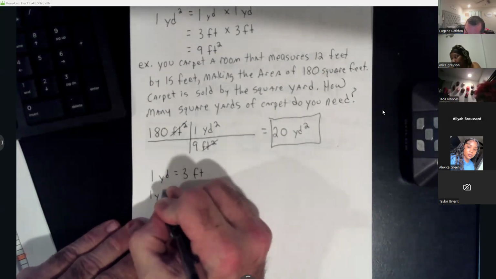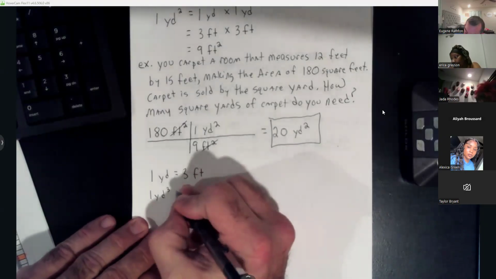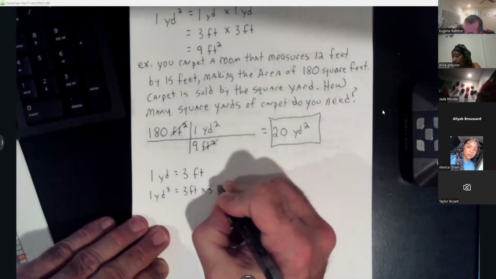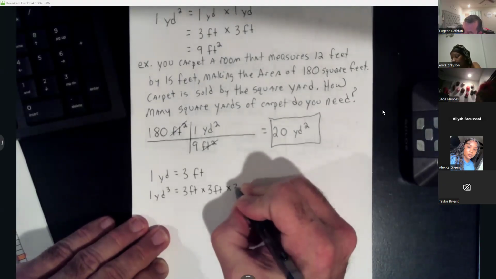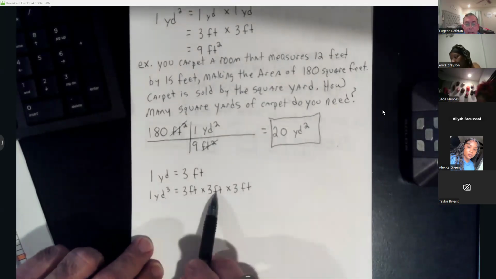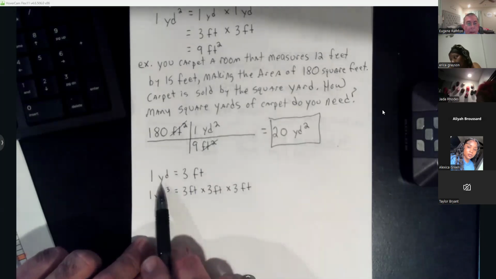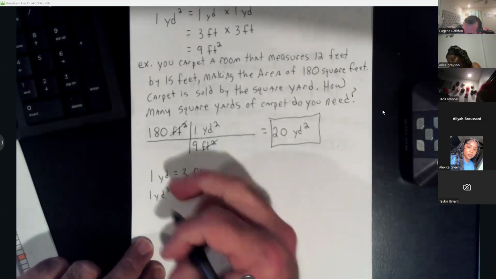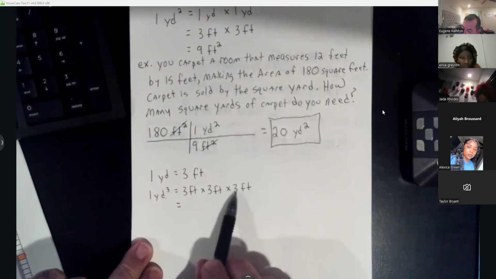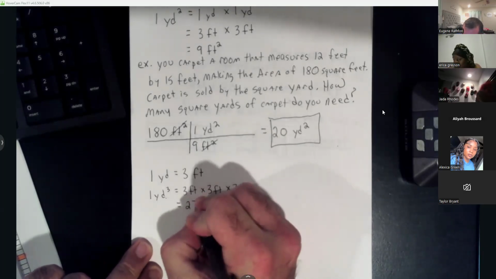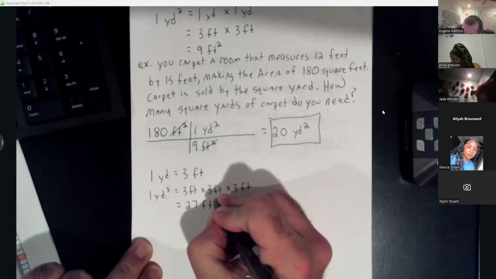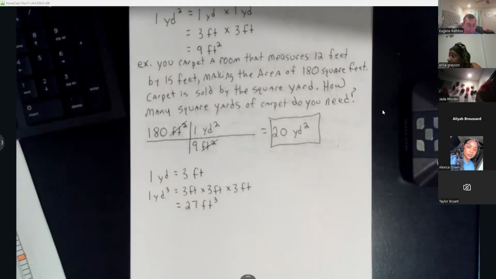So 1 yard cubed would equal 3 feet times 3 feet times 3 feet. Because remember, a yard cubed is a yard times a yard times a yard. And we said each yard was 3 feet. So that 1 yard cubed, 3 times 3 times 3 is 27. Feet times feet times feet is feet cubed.